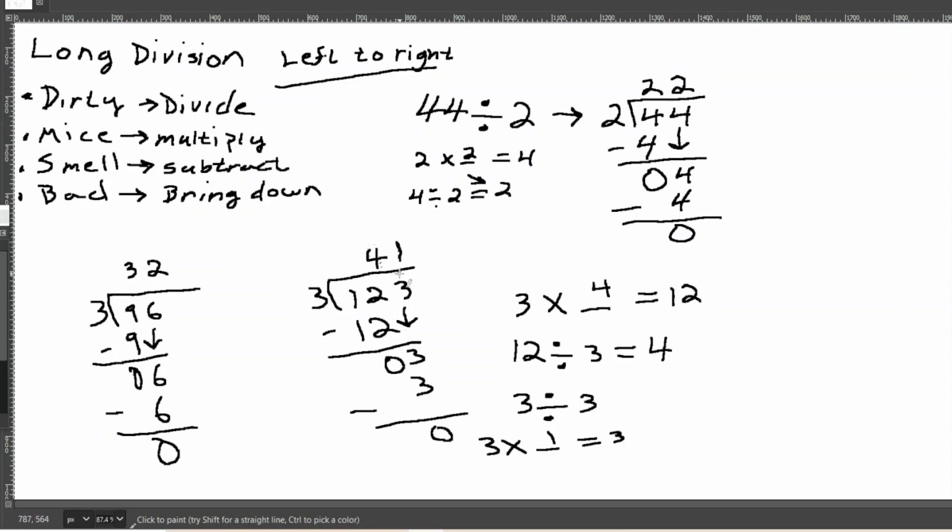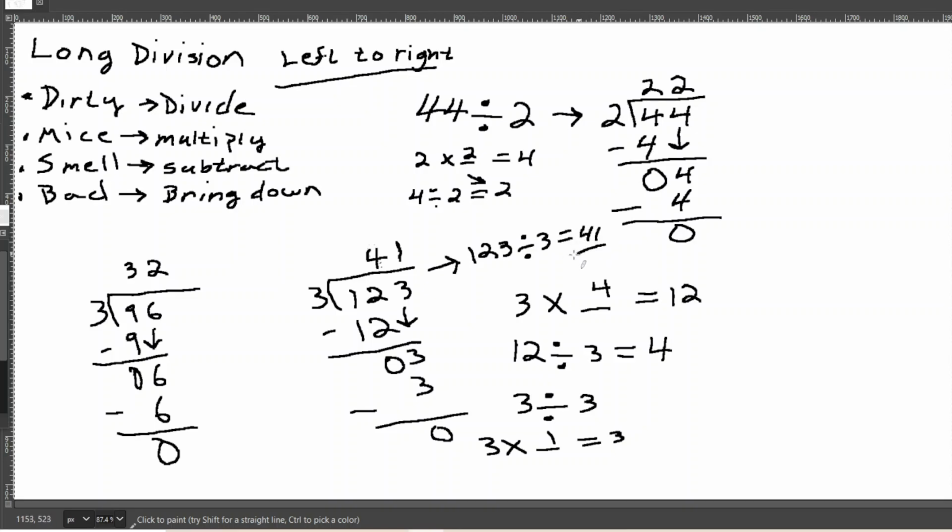So, long division is a little complicated, but definitely be patient with yourself. Take the time. Practice, practice, practice. This is where a calculator can come in handy, because if you get 41, when you punch 123 divided by 3 into a calculator, you better get 41.